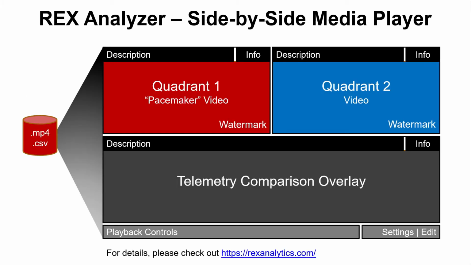After completing multiple sets of test runs, I can feed the collected video and telemetry data into Rex Analyzer, which is a side-by-side media player. You will see it in action in a couple of moments. This custom media player runs 2 video streams side by side, allowing visual comparison. In addition, it can overlay the animated performance data in those telemetry files that belong to the videos.